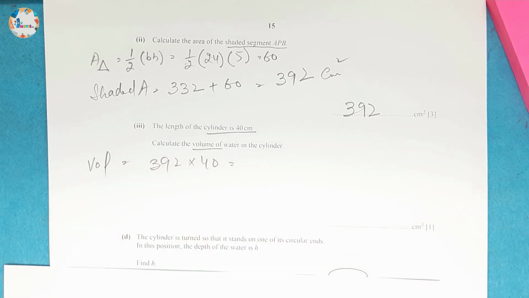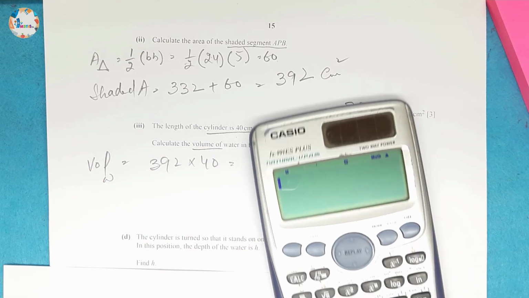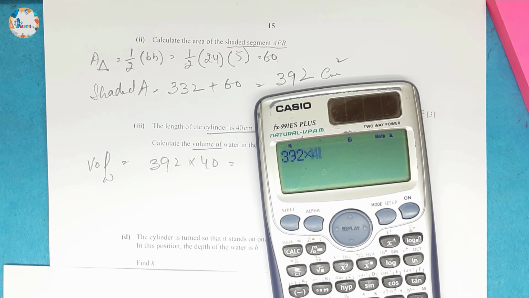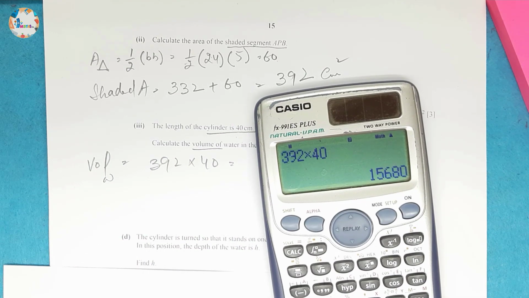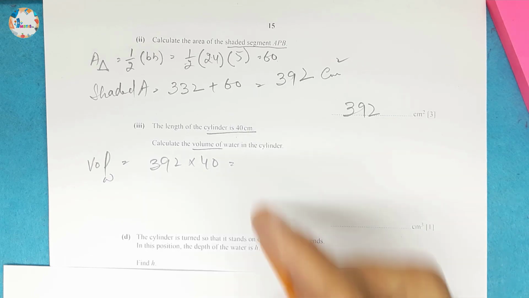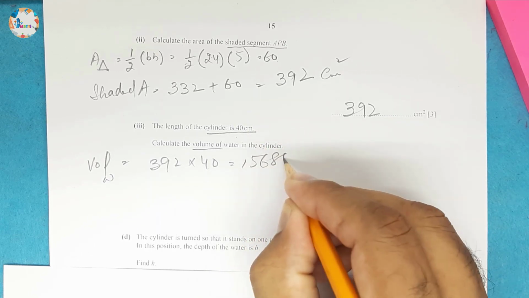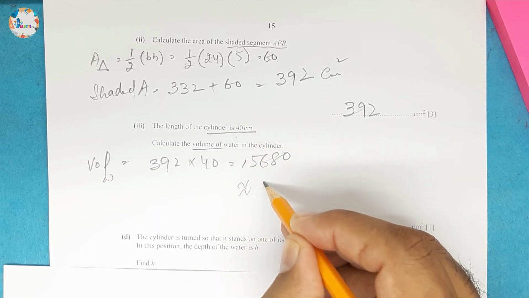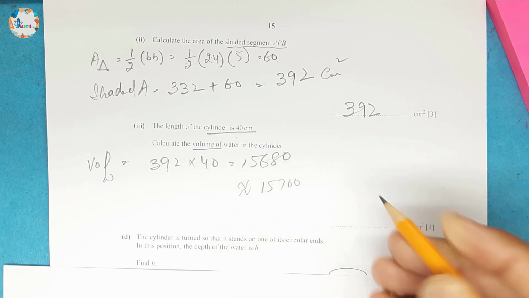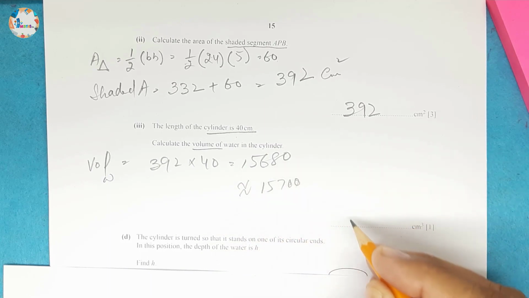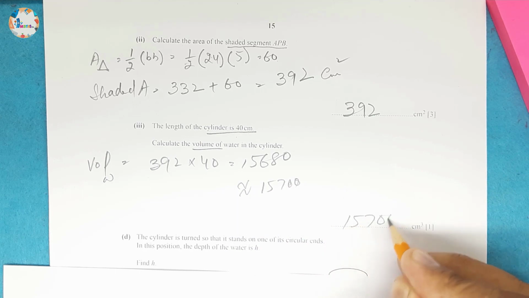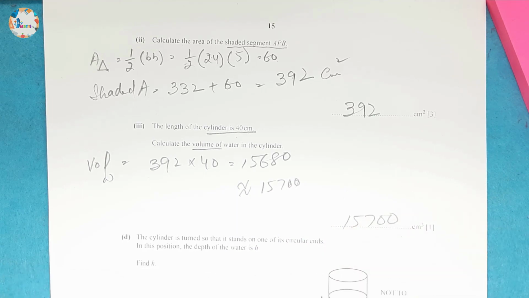So volume of water will be equal to 392 multiplied by 40, which is 15680. So we can round this to 15700 up to 3 significant figures. So 15700 will be our answer.